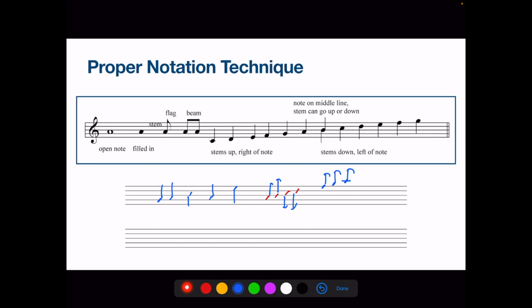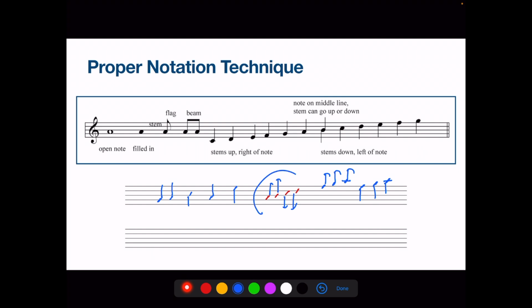It's not the most proper notation technique because we have these going outside of the staff. So instead of that, if you can keep the stems down and sort of within the staff, this generally looks better. So that's the rule of thumb. It's basically just a way to visually make it pleasant to see.